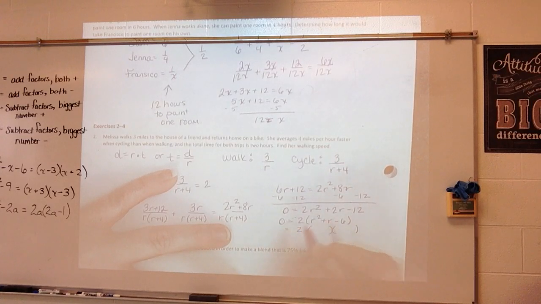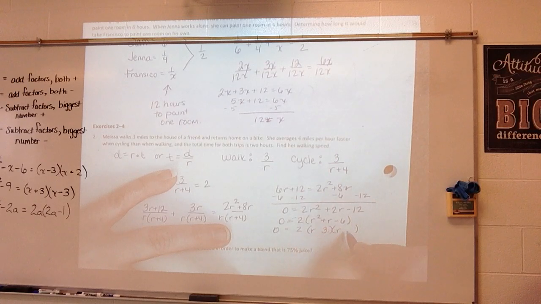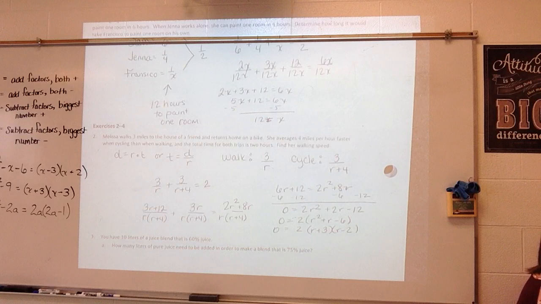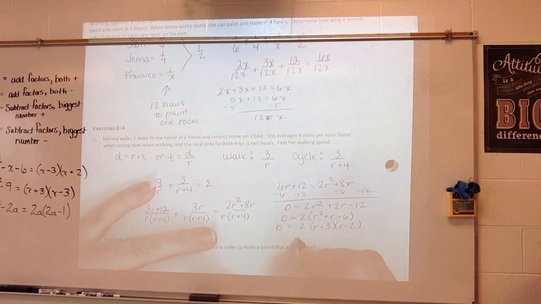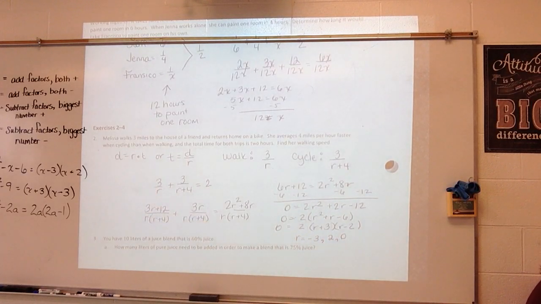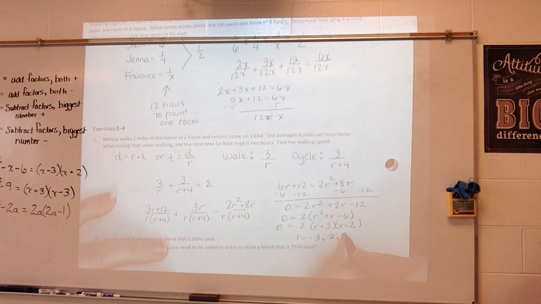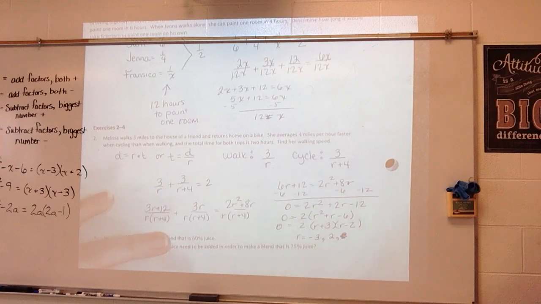I can factor r and r, 3 and 2. Alright. Which means that r would equal negative 3, or 2. Alright, well, we won't even put that 0 in there. We'll just leave that alone.